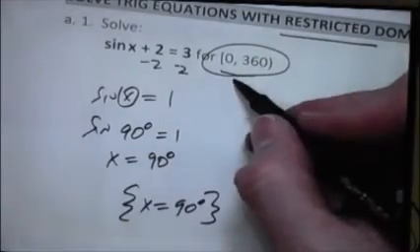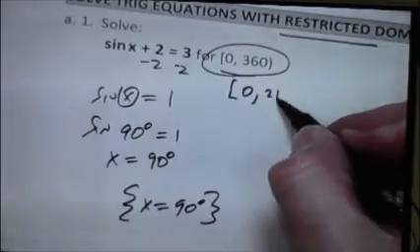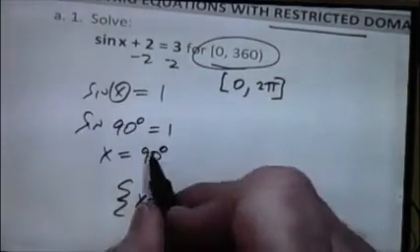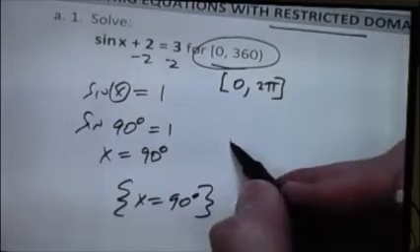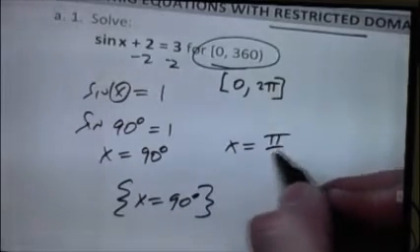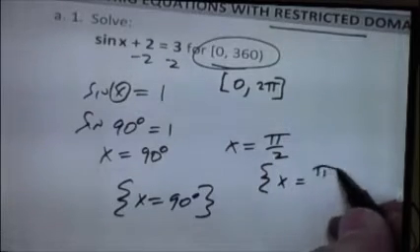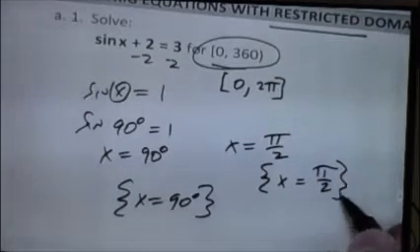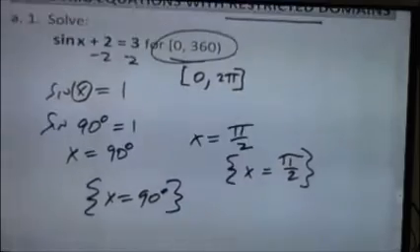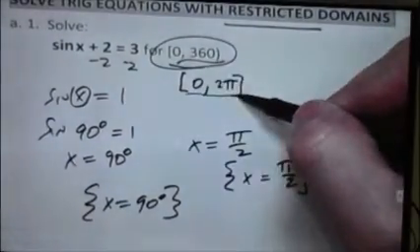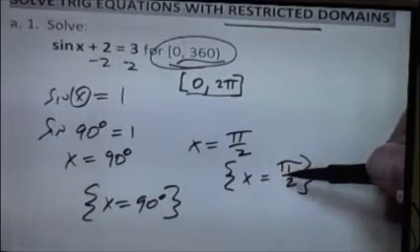If I had done this differently and used 0 and 2 pi, that would be telling you that instead of writing 90, you would write x is equal to pi over 2, and put it inside the brackets. So based upon how this is given, you write the answer that way.